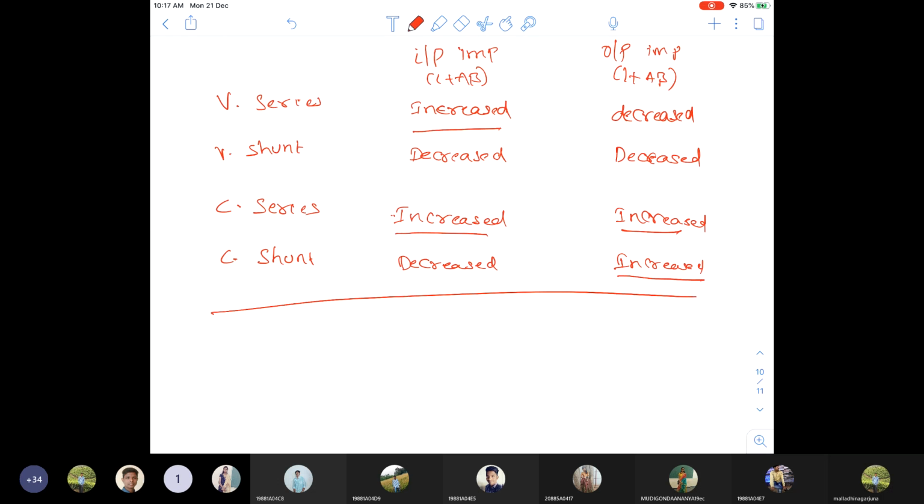Let's talk about whether it is input or output later. There are eight entries in the table: four are increases and the other four are decreases. Is there any commonality in these four increases with respect to the feedback amplifiers?